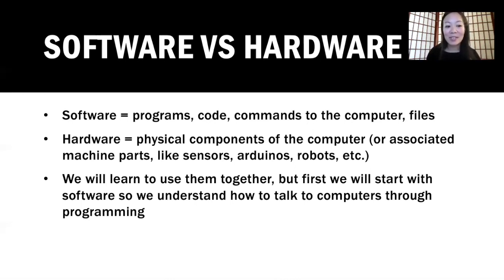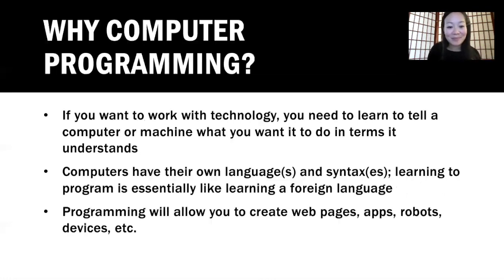But even when you're running software, like an app or Microsoft Word or PowerPoint or Zoom, you still need some hardware to interface with it, like a keyboard, a monitor, and a microphone. So we're going to start with the software, so we understand how to talk to computers first, and then we'll move on to the hardware.